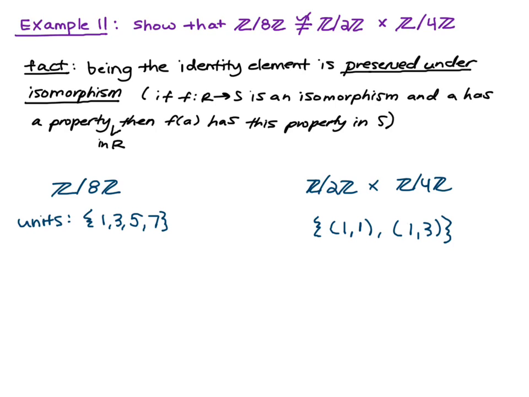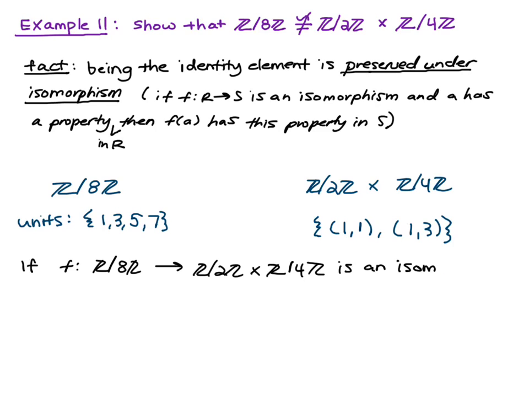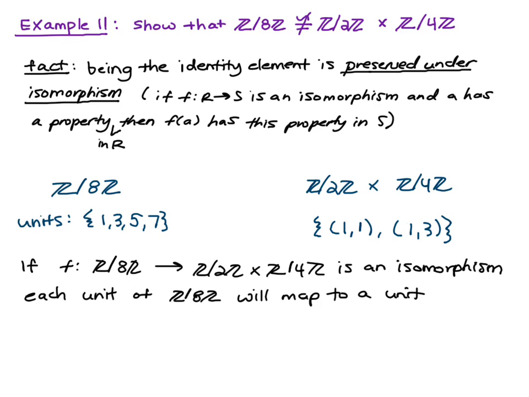And so if we have an isomorphism between these two rings, so if f from Z mod 8Z to Z mod 2Z cross Z mod 4Z is an isomorphism, each unit of Z mod 8Z will map to a unit of Z mod 2Z times Z mod 4Z.